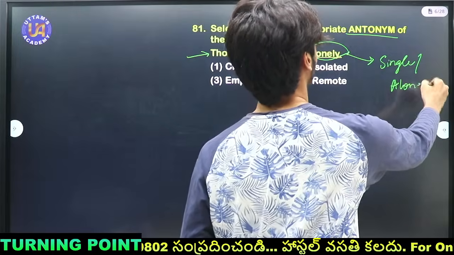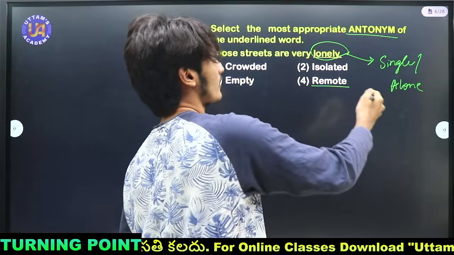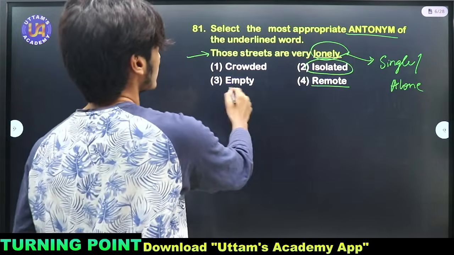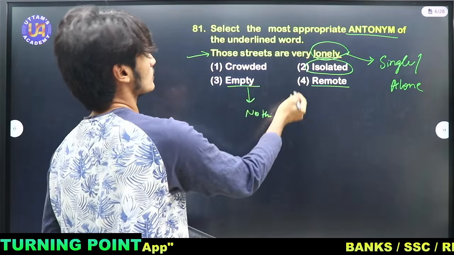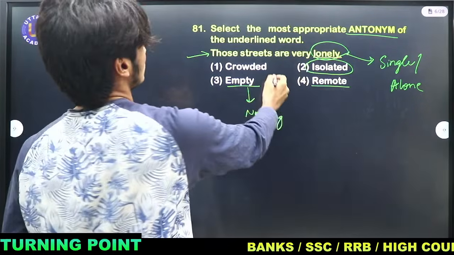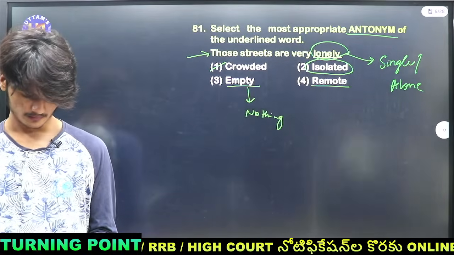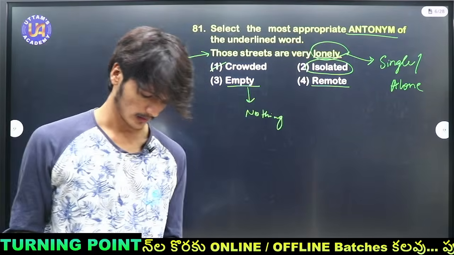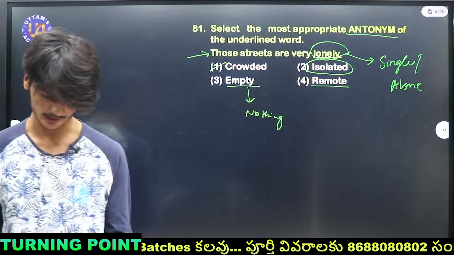Coming to these options, remote means located far apart, isolated means separated from the rest, empty means nothing. So the opposite of the word lonely is crowded. Ritvik correctly said it. Ram Nikita said it right. Valikant said it right. Narendra also said it right.